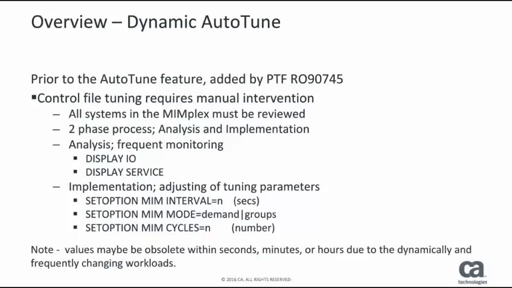The implementation phase consists of changing the values of the set option mode, cycle, and interval parameters to increase or decrease the MIM control file cycle rates on individual systems. With the system workload changing dynamically and frequently, this tuning may be obsolete within seconds, minutes, or hours.